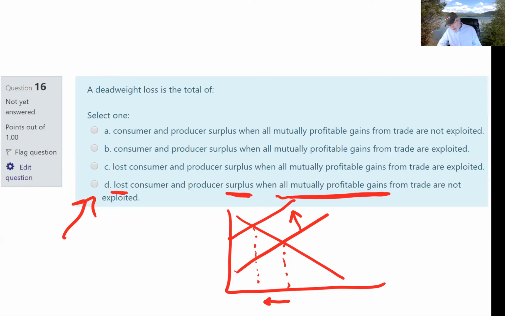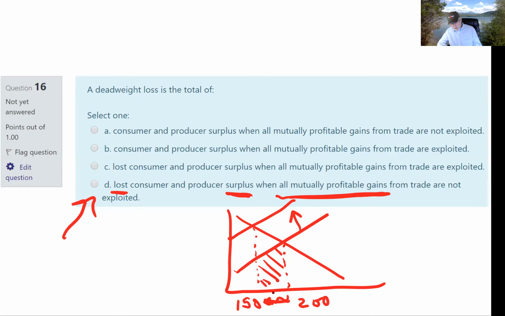Let's say this was 200 units and this was 150 units. Well, these last 50 units are worth more to the consumer than they cost the producer to produce. The cost of producing these last 50 units would be represented by that area.